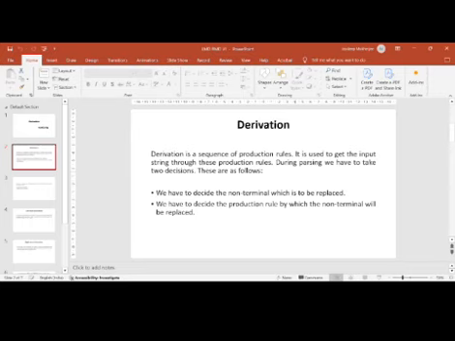What are the decisions? We have to decide the non-terminal which is to be replaced.